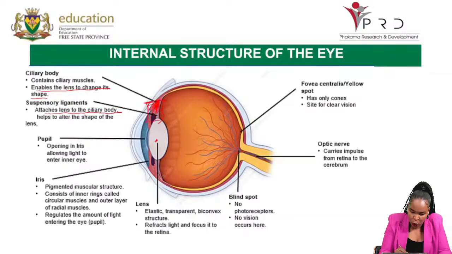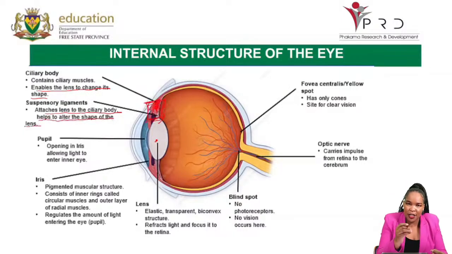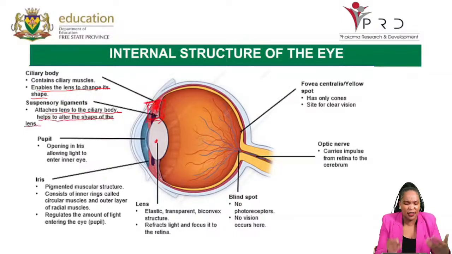Just look in the square that I've just drawn. So the suspensory ligaments are here together with the ciliary body, and it also helps to alter the shape of the lens. They work together and perform the same function, that is to change the shape of the lens. We will see why this lens has to change shape later.